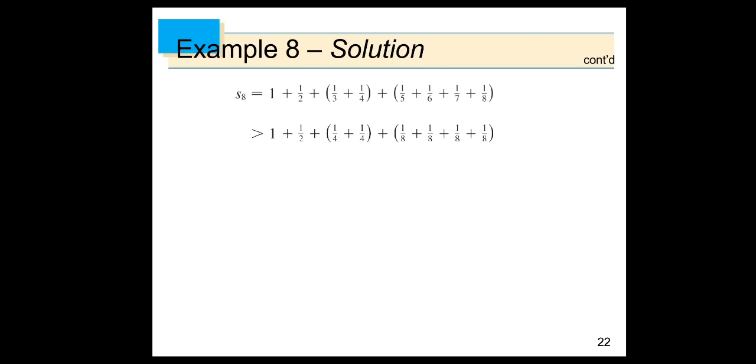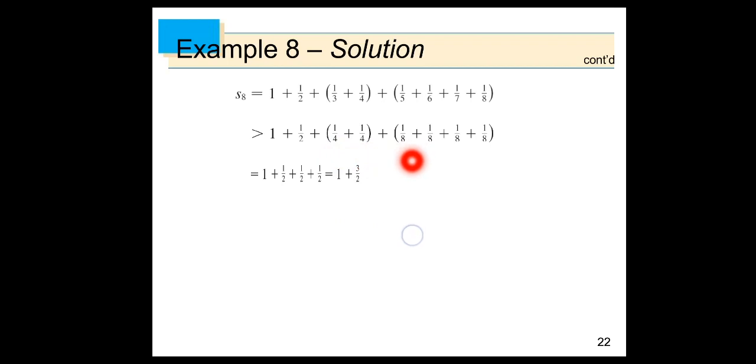So it is greater than 1 plus the previous terms. This value is greater than this value because over here we have 1 by 4 plus 1 by 4, whereas over here we have 1 by 3 plus 1 by 4, and 1 over 3 is bigger than 1 over 4.